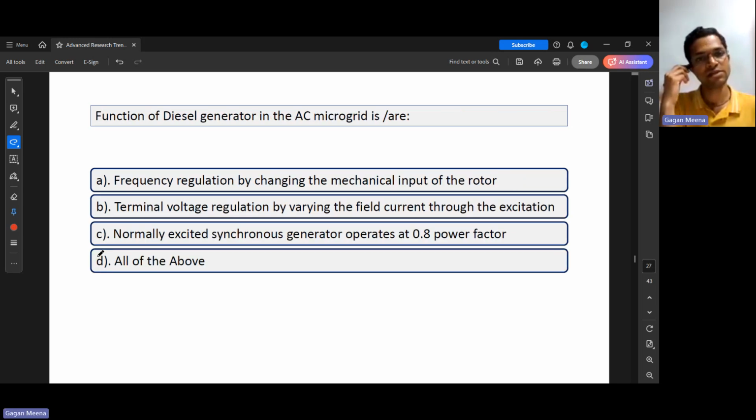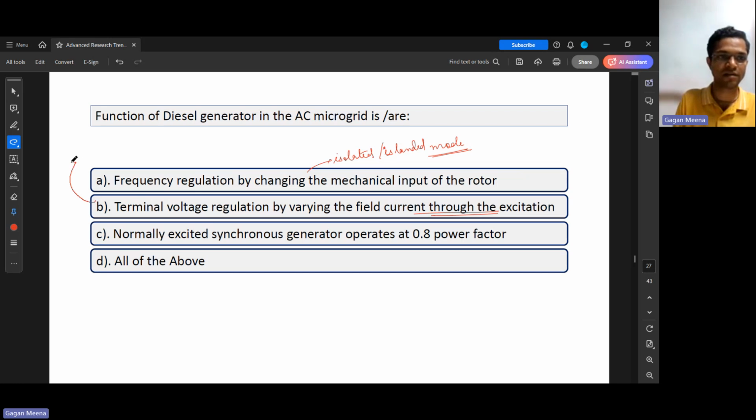The function of diesel generator in AC microgrid is: frequency regulation by changing the mechanical input of the rotor. Yes, correct, and this will be in the islanded mode, because in grid connected mode it will be doing only the voltage regulation. Terminal voltage regulation by varying the field current through excitation.